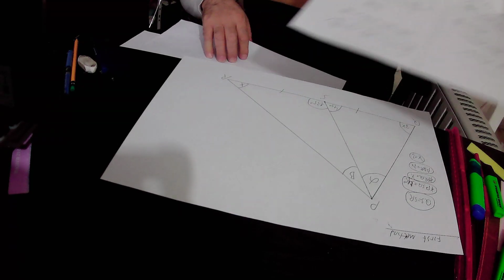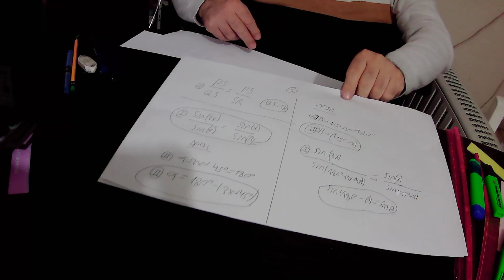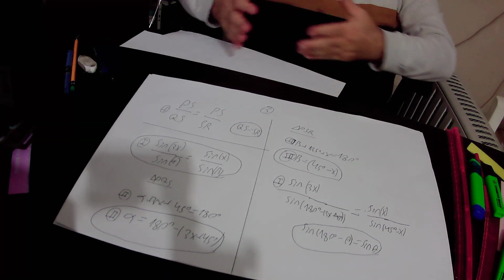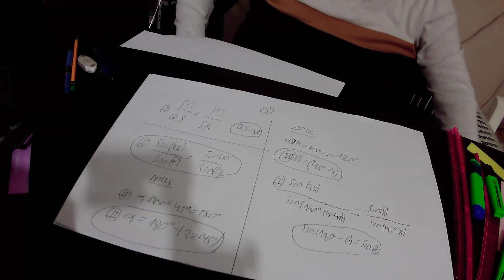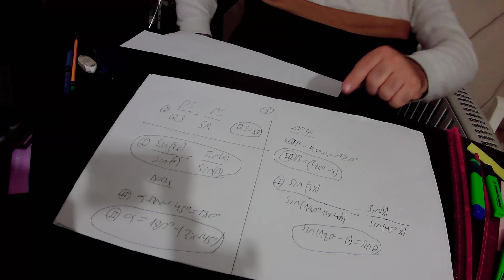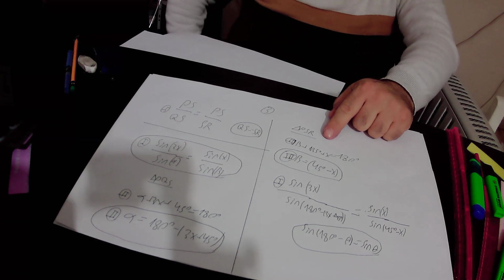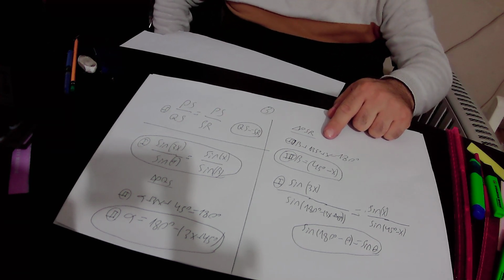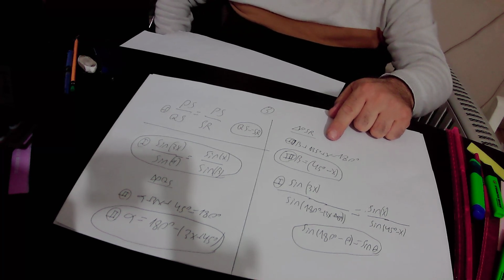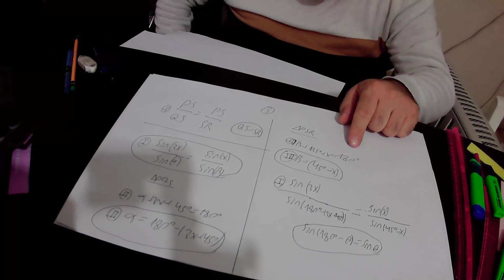Then we focus on triangle PSR. We know that in triangle PSR also the sum of the angles must be equal to 180 degrees. So in triangle PSR, beta plus 135 degrees plus x must be equal to 180 degrees.